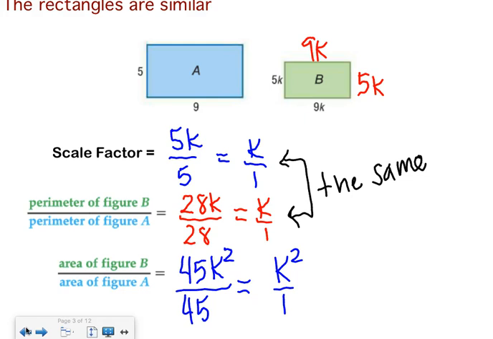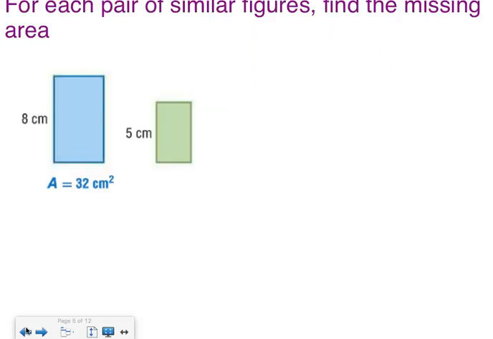So on these problems today, I like to give myself a little roadmap so I don't get lost, because it's easy to get lost. On the first one, it says, for each pair of similar figures, find the missing area. So let's just give ourselves a little roadmap here. Let's start with our scale factor.